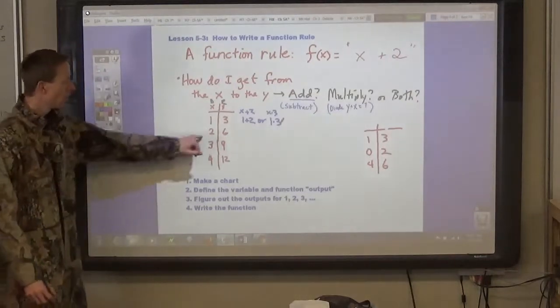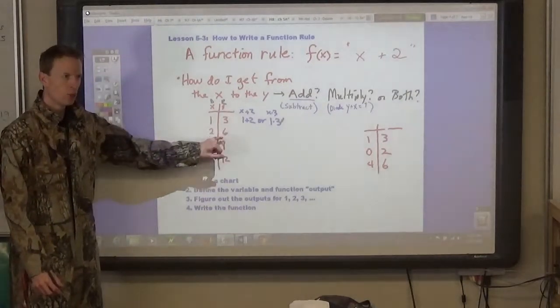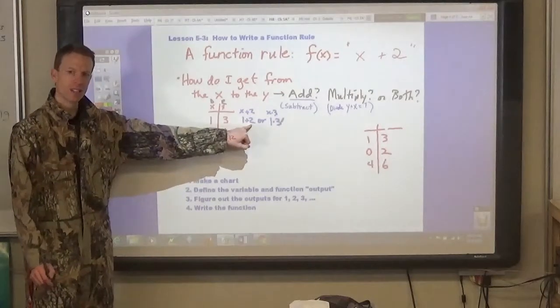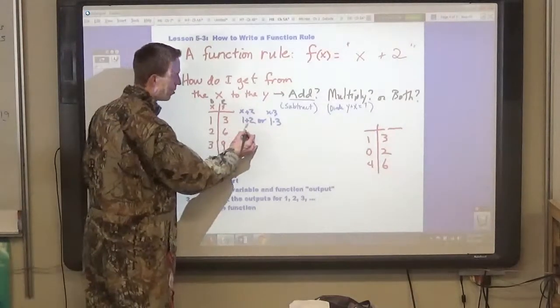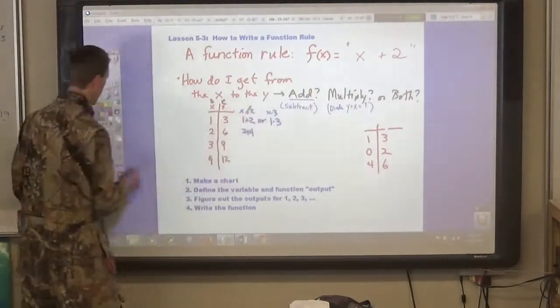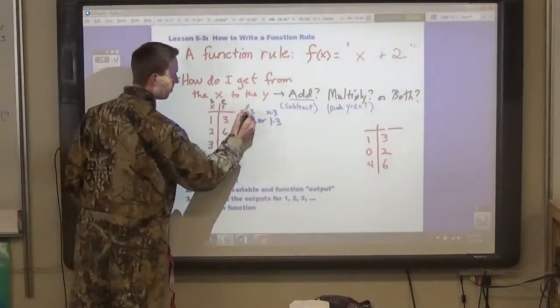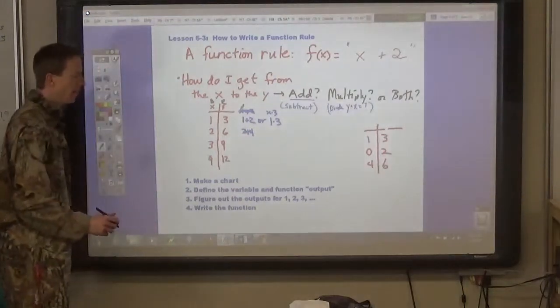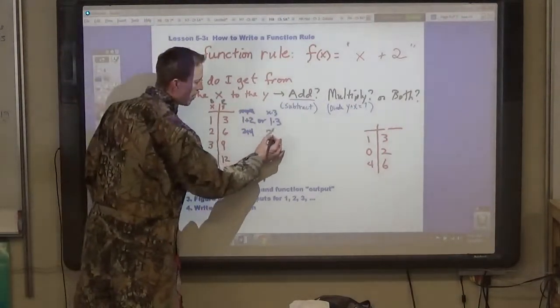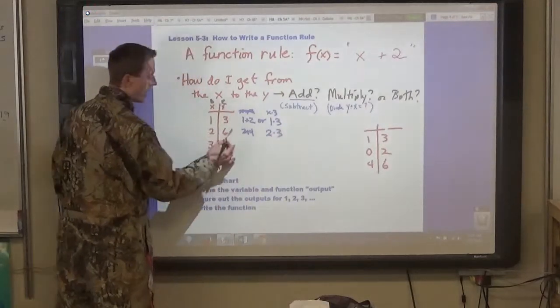Now, when you go to the next line, from 2 to 6, if you follow this rule, it doesn't work, does it? Because 2 plus 2 is only 4, so it cannot be x plus 2. You can eliminate that. But you can get 2 times 3, you can get 6.